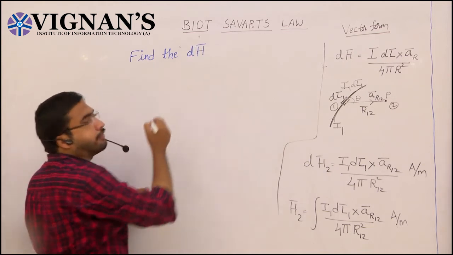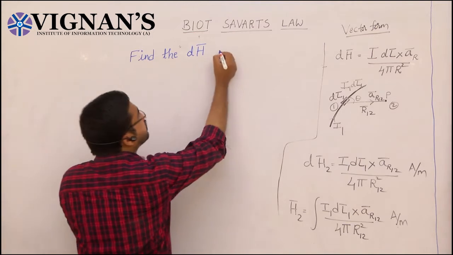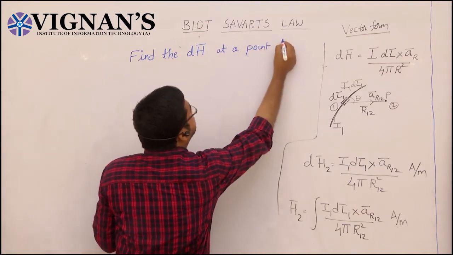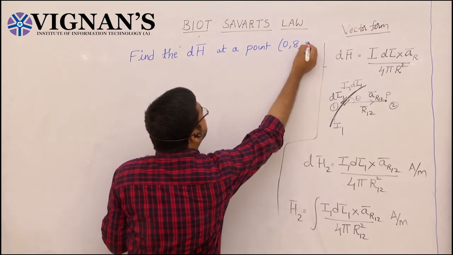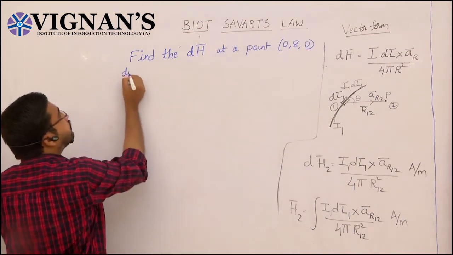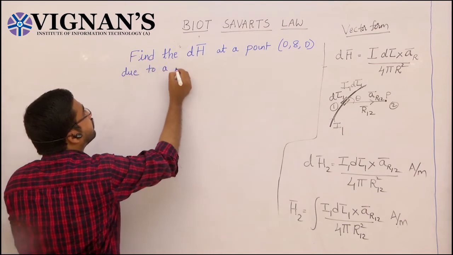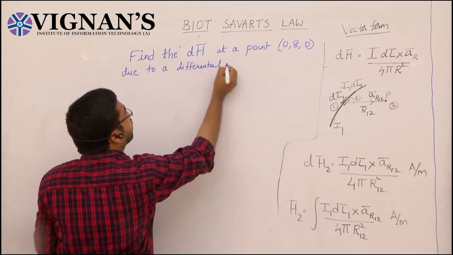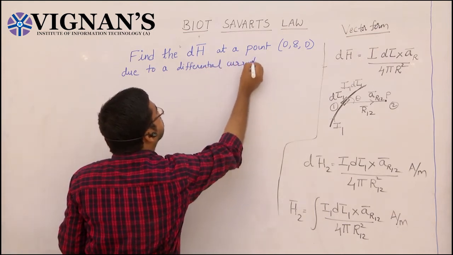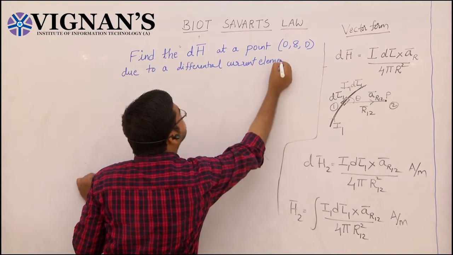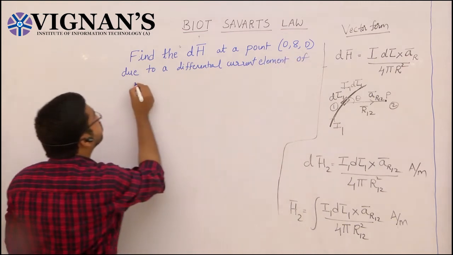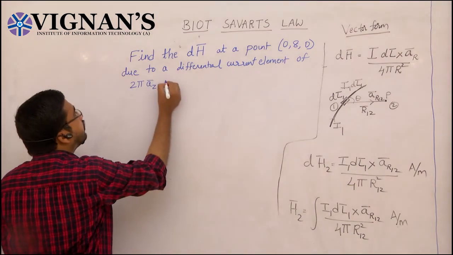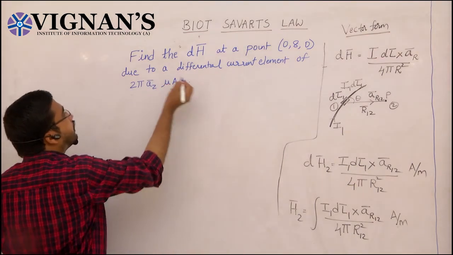Find the differential magnetic field intensity at a point 0, 8, 0 due to a differential current element of 2 pi az micro ampere meter.